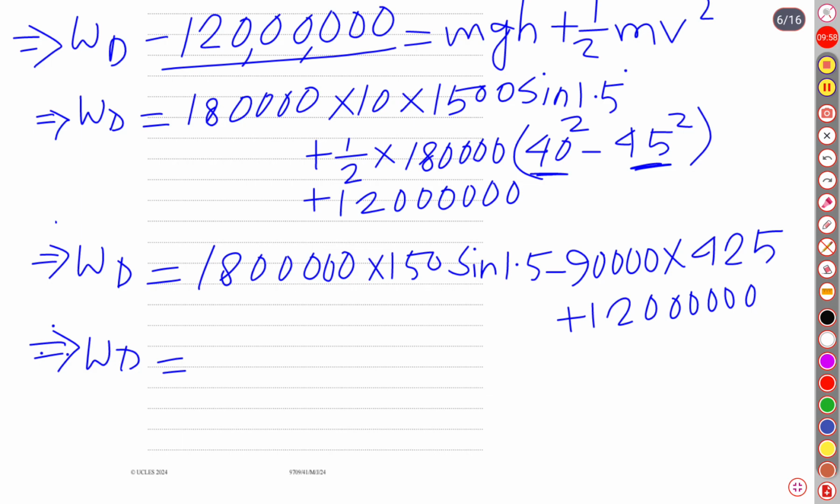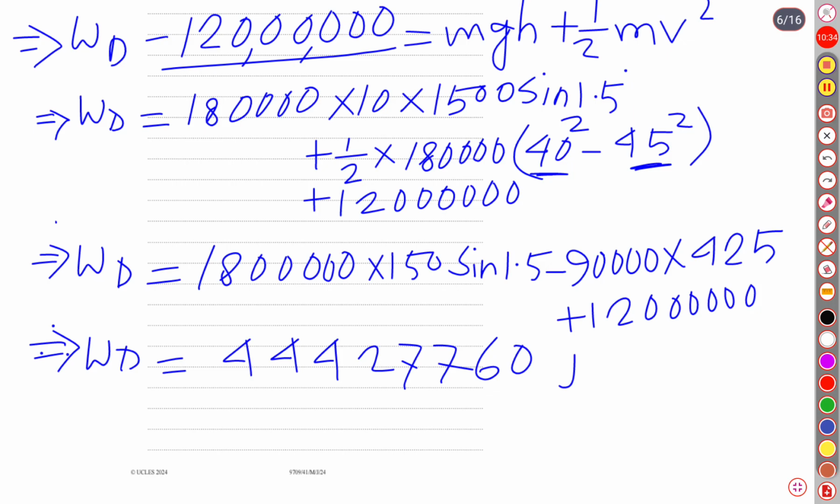First of all, 1800,000 into 150 sine 1.5 minus 90,000 into 425 plus 1200,000 is equal to 444,427,760 joule.